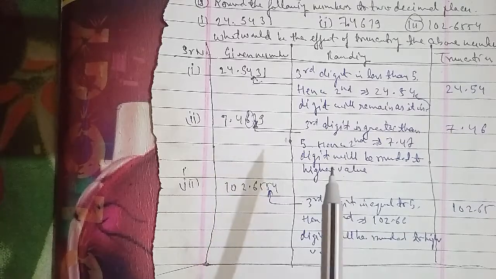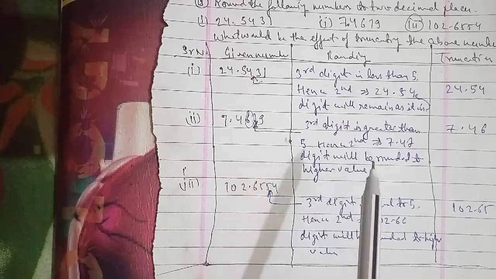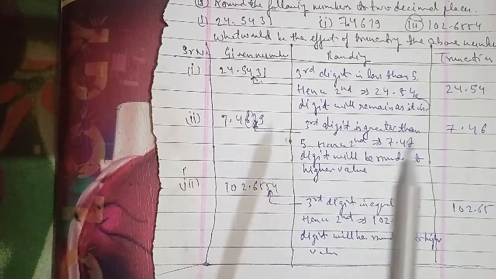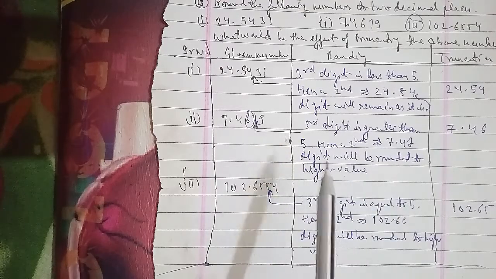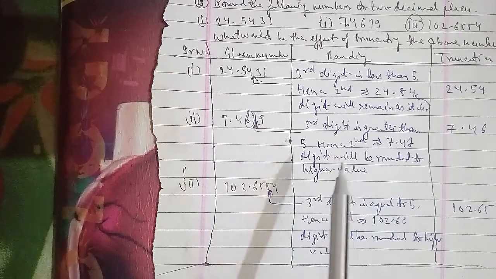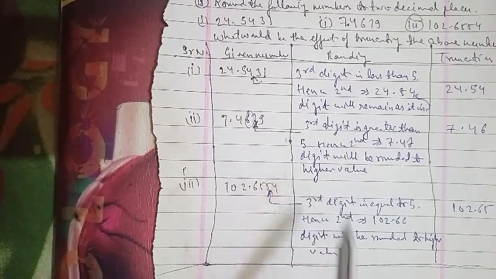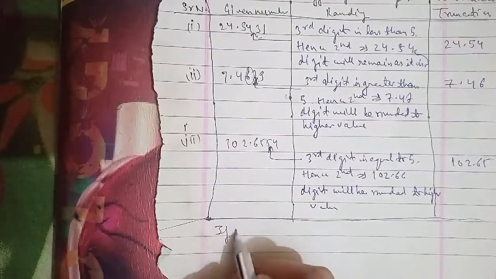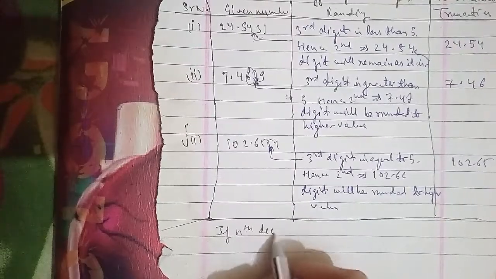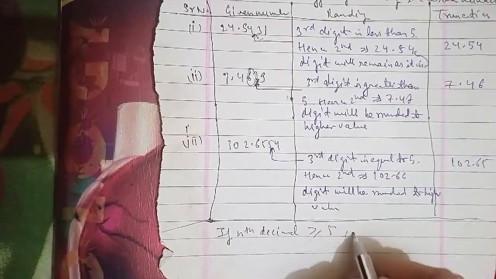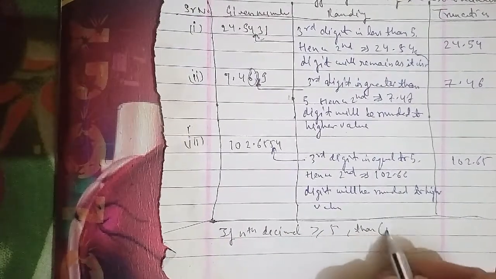If the nth decimal is less than 5, then the (n minus 1)th decimal is unchanged. For truncation, 2 digits after the decimal point are considered and the remaining digits are simply discarded.